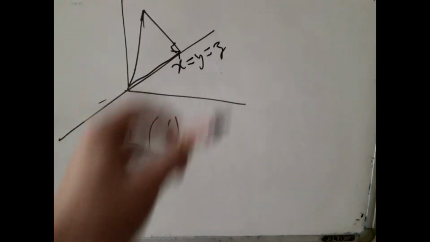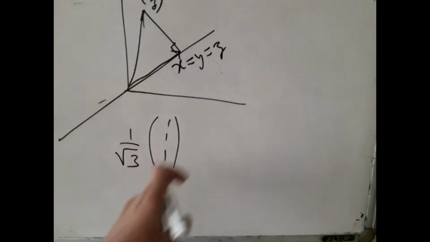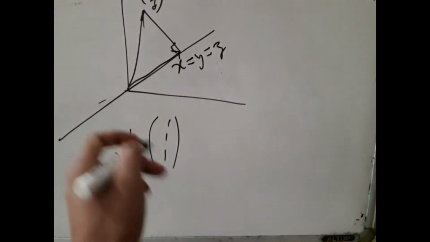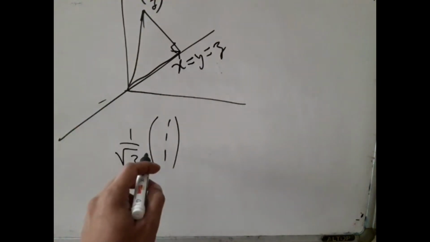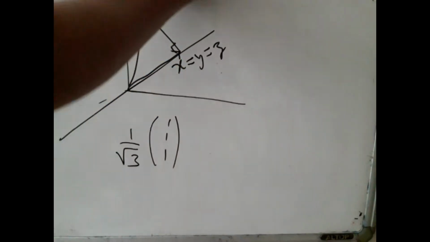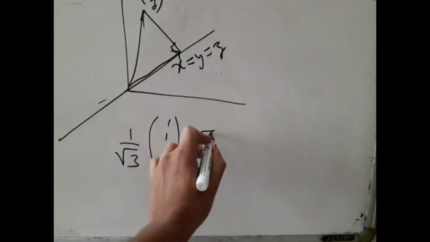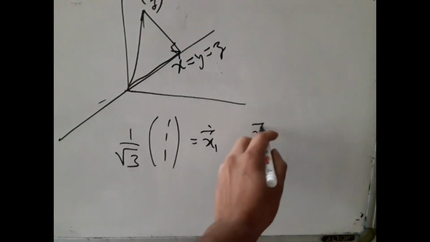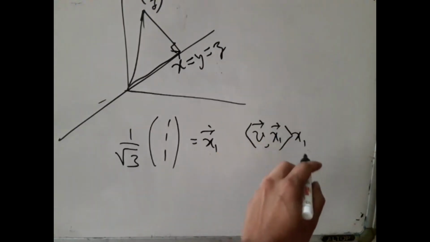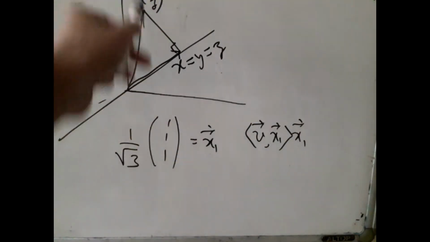Now, if someone gives me any vector, suppose that vector is x, y, z, I need to find out its component along this, which is basically nothing but this inner product with this. So I will call this my V vector according to our notation, and this is my x1 vector. So I will be taking V inner product x1 and multiplying that with x1. Of course, I do not need to put a sum here, which means I take the inner product of x, y, z with this.